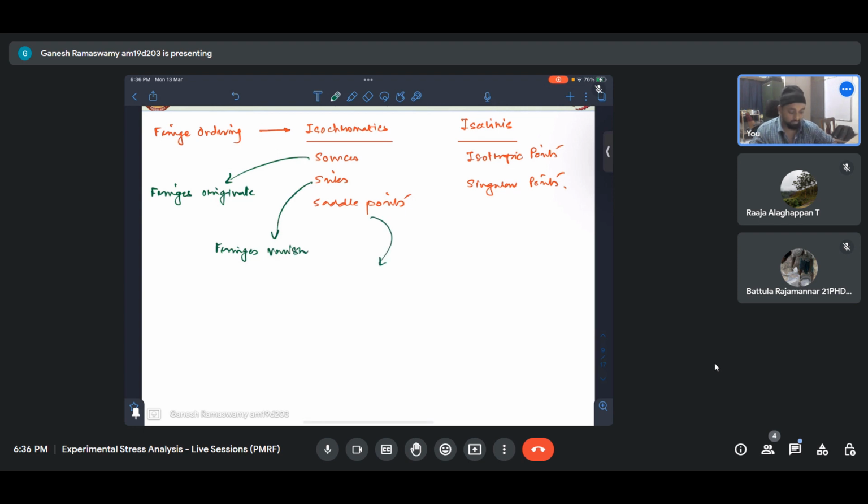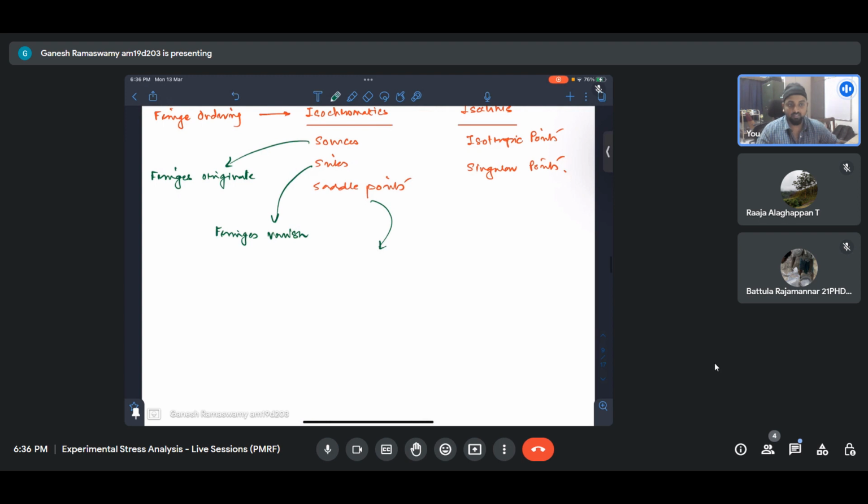Saddle points, as it is called, will basically have opposing fringe gradients in different directions.